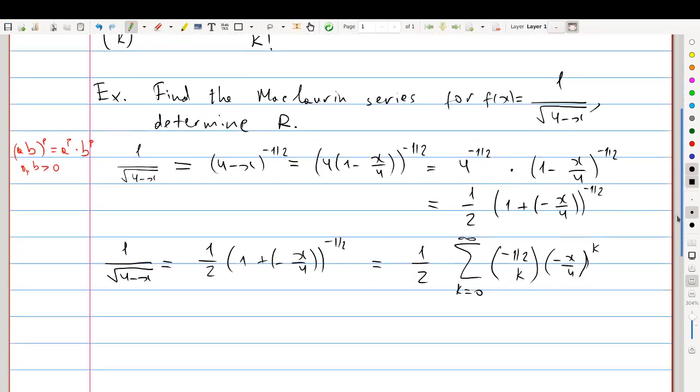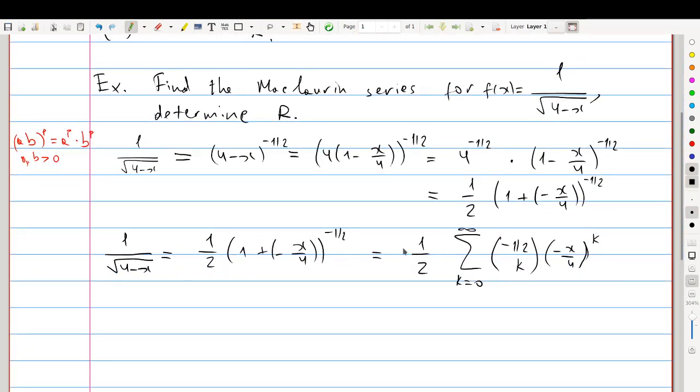Since we obtained the series over here as a binomial series by making a substitution into the binomial series, we know that the right-hand side will converge when its argument, minus x over 4, has absolute value less than 1.